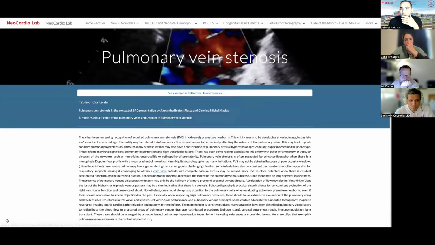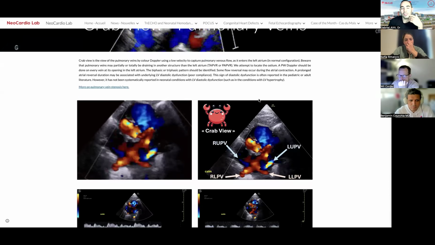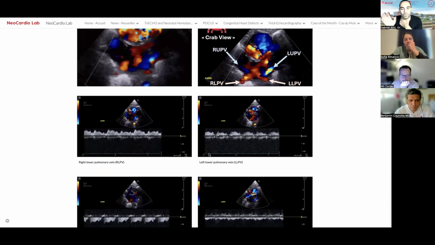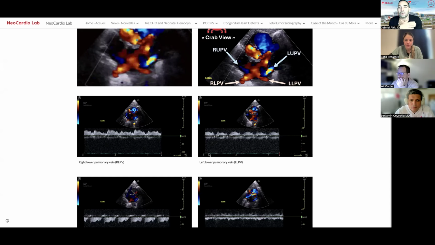So in babies, fortunately, you can obtain Dopplers of the pulmonary veins in multiple views. For example, in the apical view, you can get some of the upper and left-sided pulmonary veins in most patients. In the subcostal view, you can see many of the pulmonary veins.